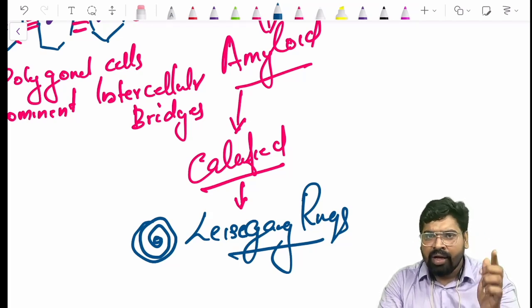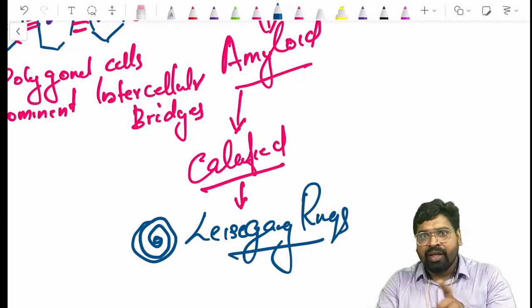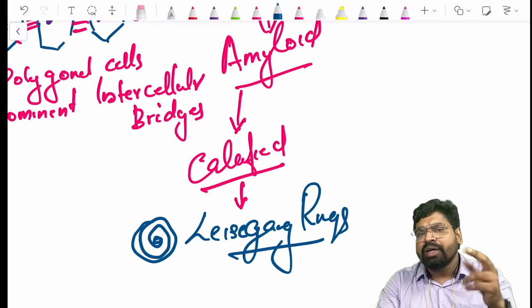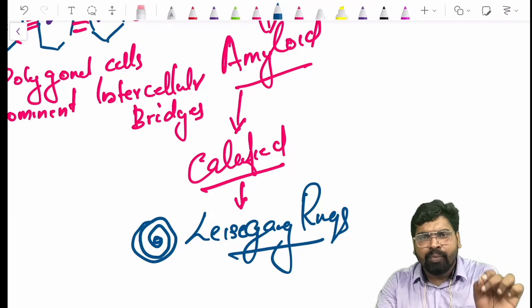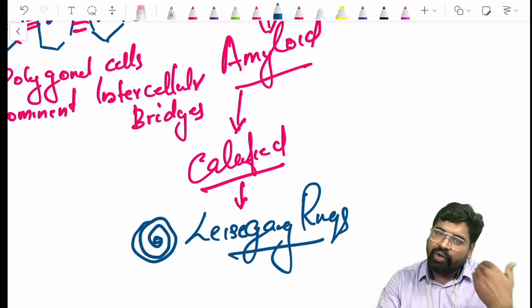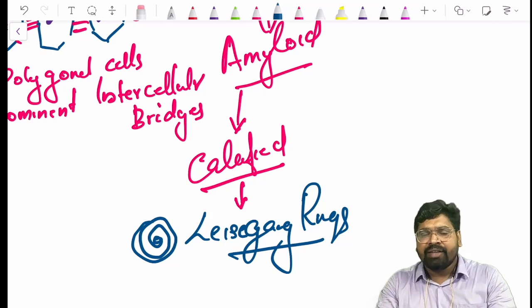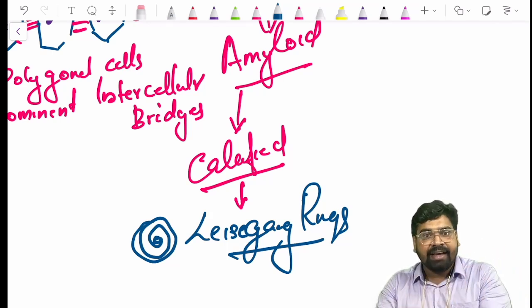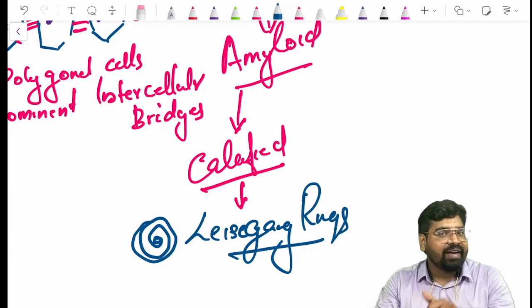But you should check whether an option has both AOT and CEOT; if so, you go for both, because in AOT you also see CEOT-like areas, and those areas show Liesegang rings.